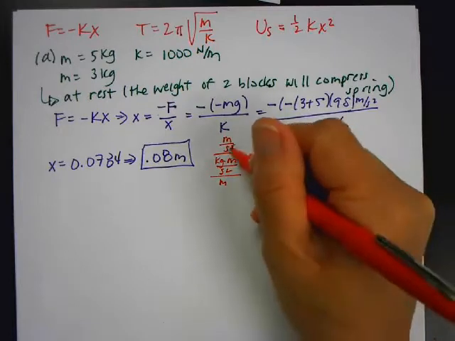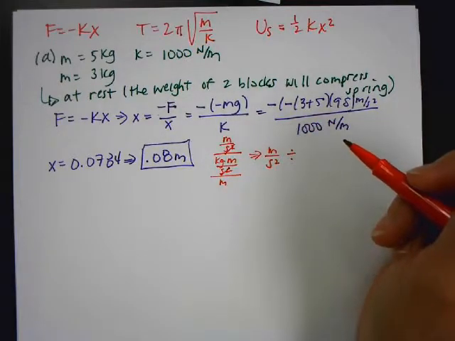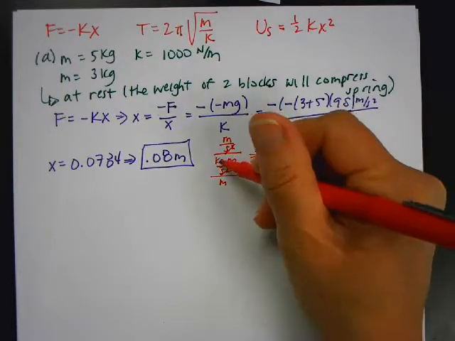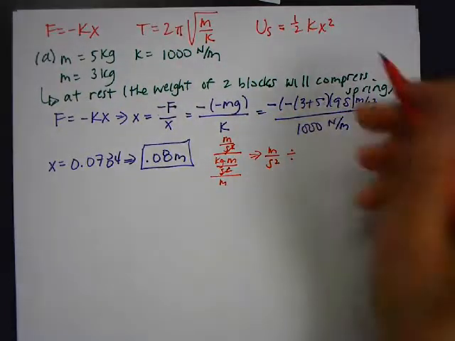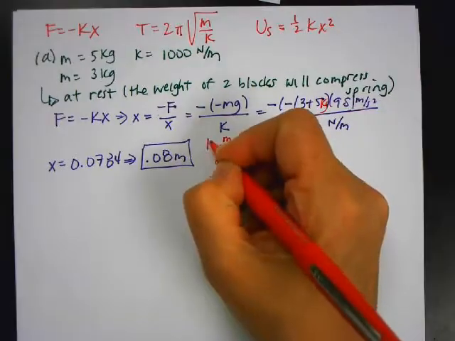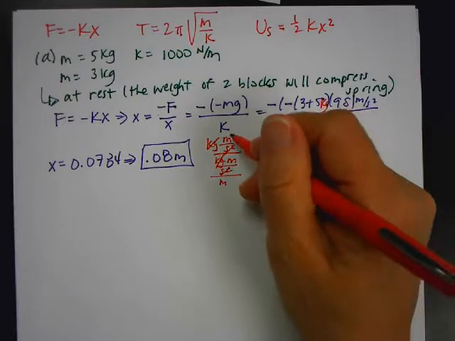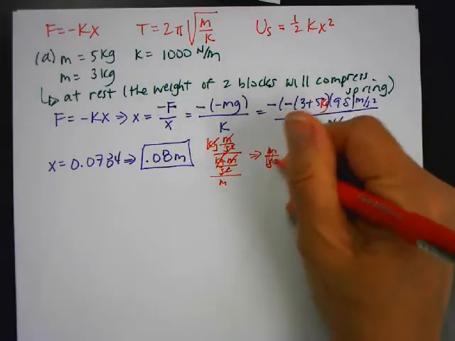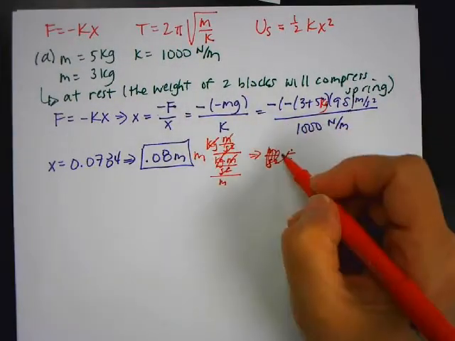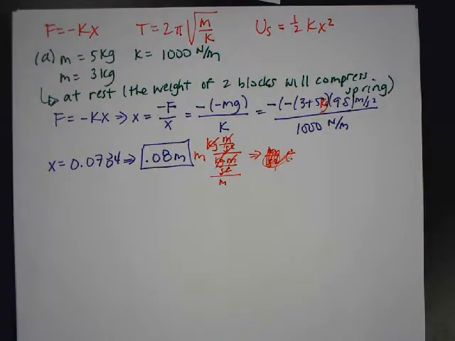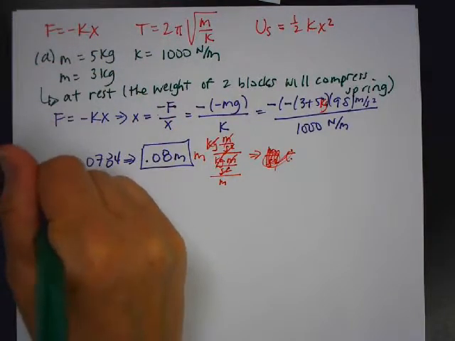So when I start canceling things, I should get a meter. Oh, I forgot the kilogram there. Whoops. I was like, why isn't my kilogram canceling? So then we see that 1 over a meter is meter, so I end up with a meter, which is the correct unit. See, I forgot to put that kilogram. So again, going through with your units, if you have time, because when you carry through your units, it's a foolproof way to check your work.